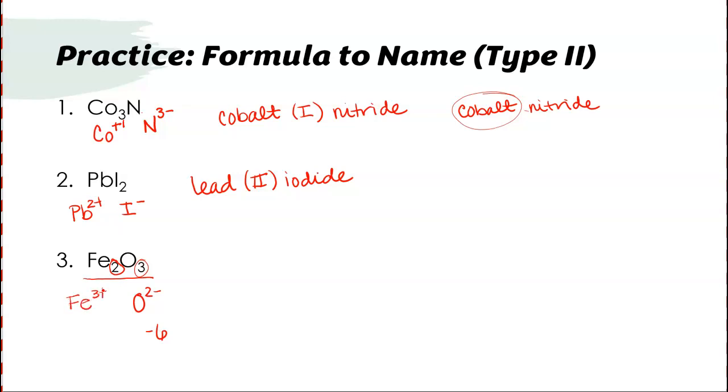And you'll notice it's kind of like the reverse of the crisscross trick. We take the 3, that is the subscript on the oxygen, and make it the charge on the iron. And then we take the 2, that is the subscript on the iron, and make it the charge on the oxygen. And so we would write this as iron(III) oxide. And this is one of the common things that happens when iron rusts.